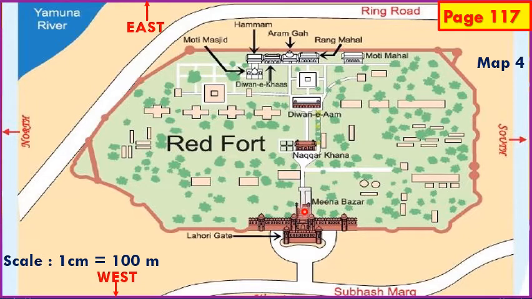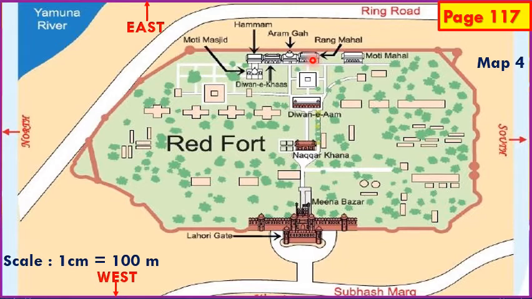This is called Meena Bazar. Then we go straight through Nakkar Khana and reach Diwan-e-Am. This is the place where the king used to meet the common people.